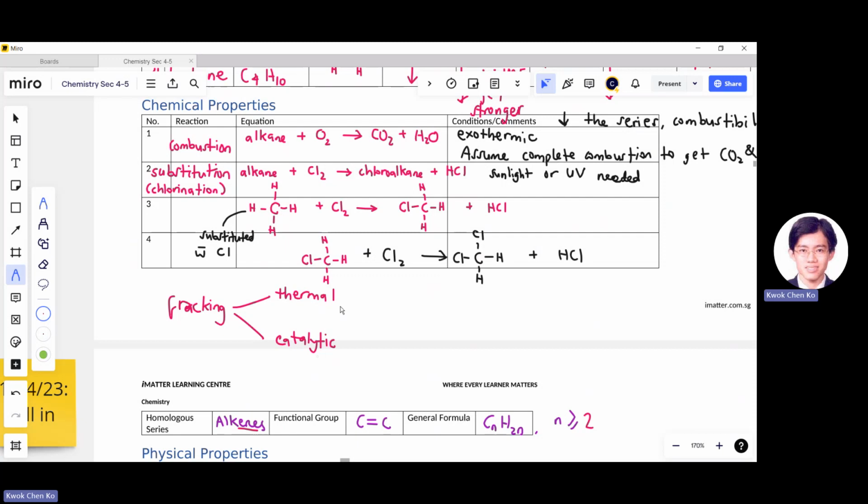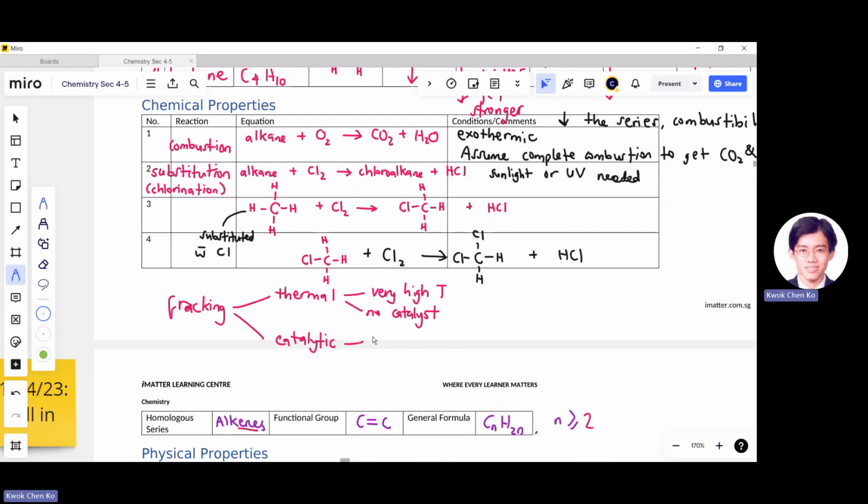Now, the difference is this. For thermal, you need very high temperature, but no catalyst. Hopefully, you remember what catalyst is. What does it do? Good.